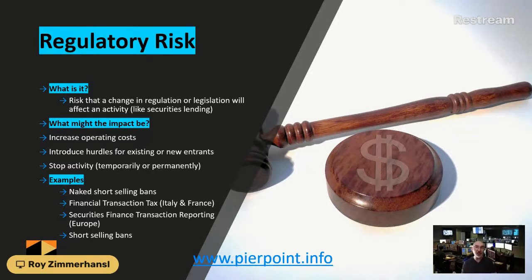The biggest example of a regulatory change was the Securities Finance Transaction Reporting Regulation, which is called SFTR. That's a European regulation that came in about a year ago. And that requires market participants that are covered by the regulation to report trades every day, and not just trades, any important life cycle events that have changed.